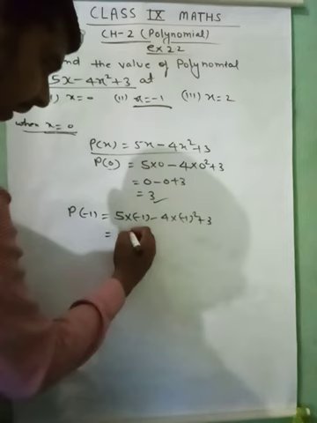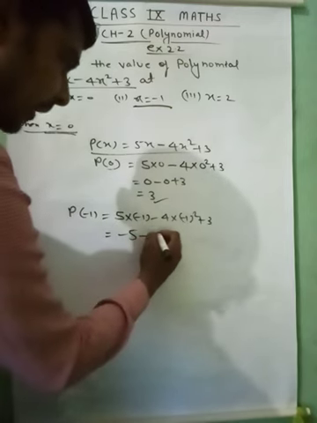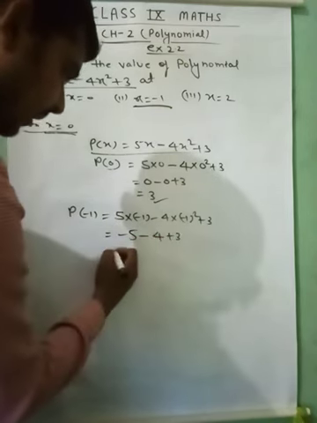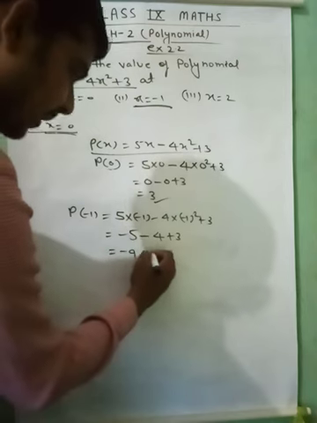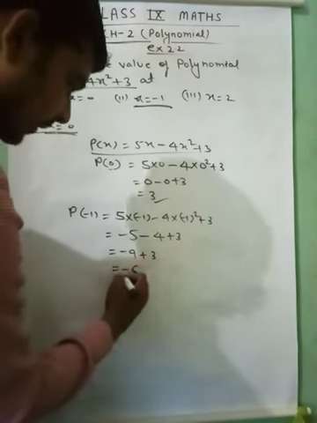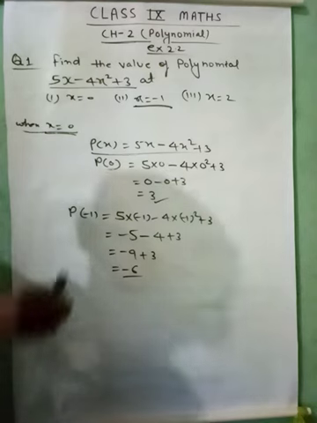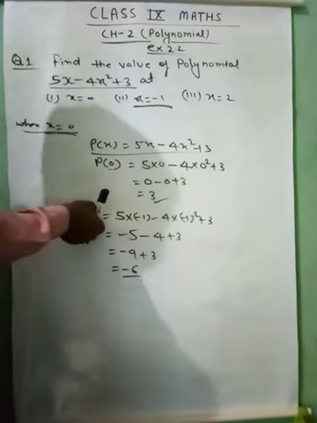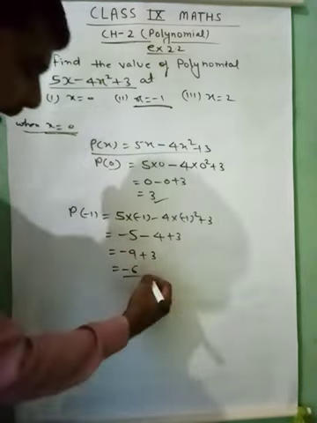It is minus 5 minus 4 plus 3. It is minus 9 plus 3. So it is minus 6. Clear? When we put minus 1 at the place of x, the value will be minus 6.